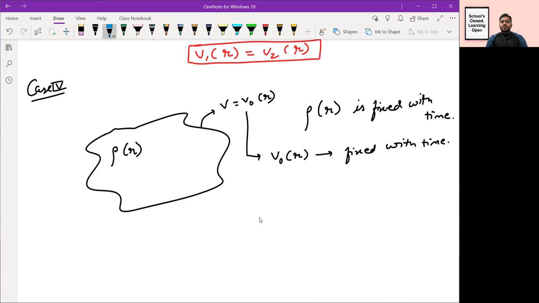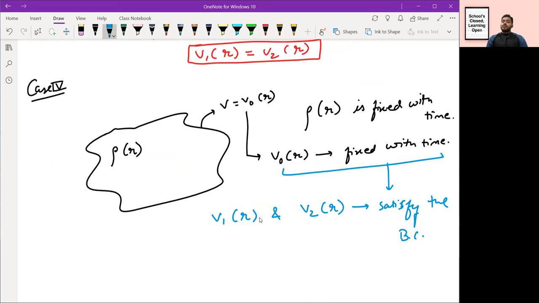We are going to assume that there are two functions V1(r) and V2(r) which both satisfy the boundary condition. What is the boundary condition? That V is V naught(r) at the surface, V1(r) equal to V2(r) equal to V naught(r) at the surface.